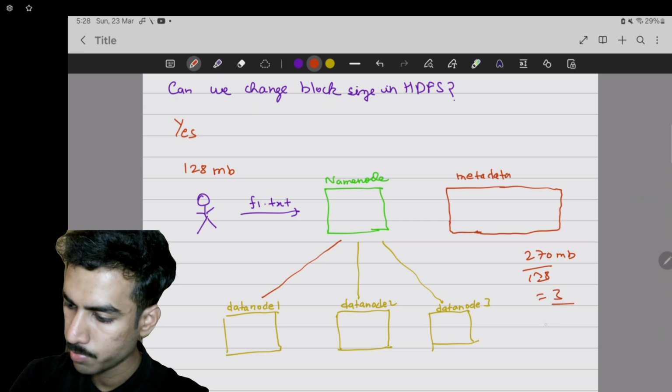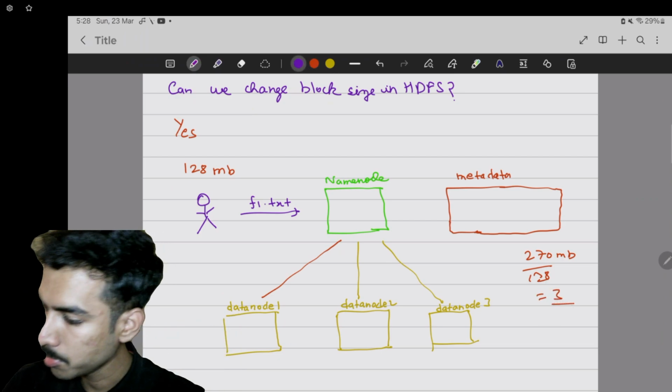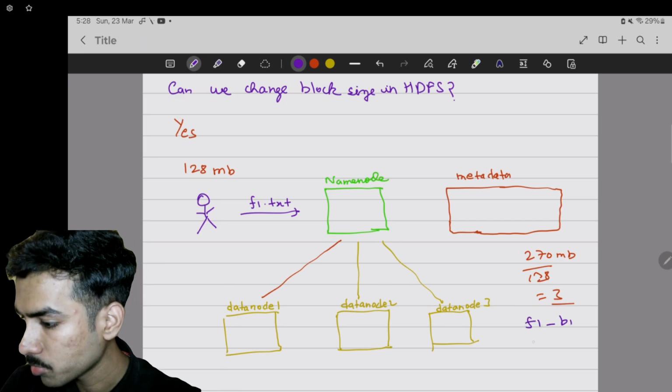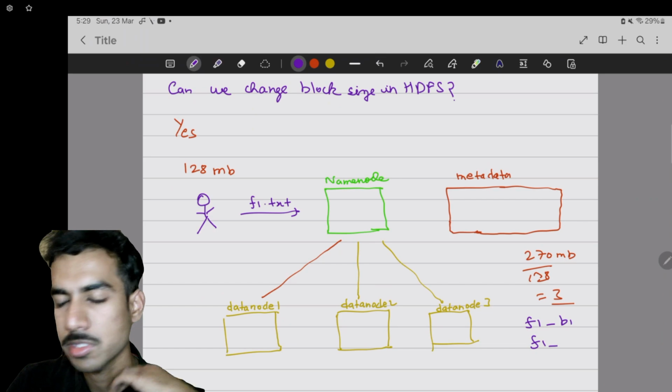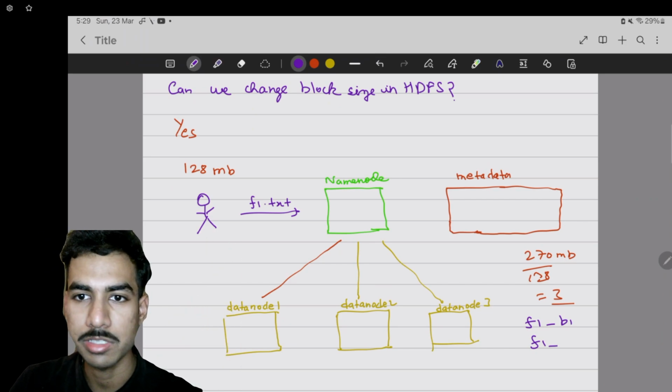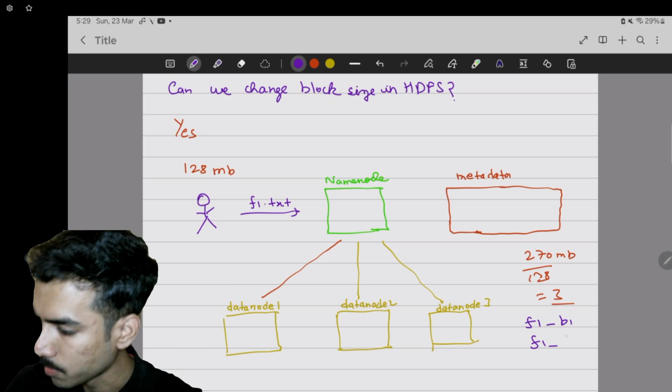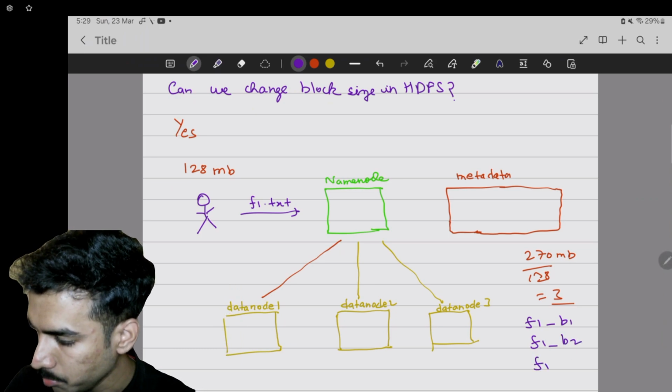So 3 blocks. f1 would be made into f1_b1, just for representation purposes, then f1_b2 and f1_b3.